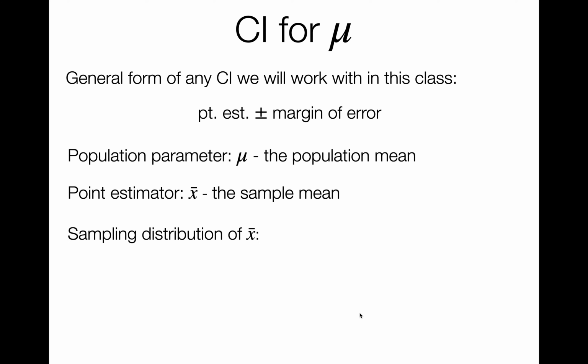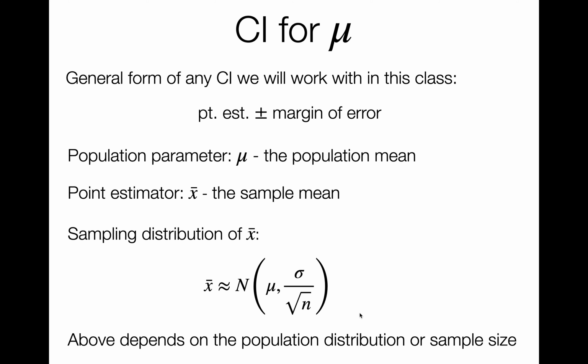So the sampling distribution of x bar, which we talked about again in Chapter 7, is this. There are some different cases, but we're not really going to worry about those cases. It's also approximately normal, just like p hat, that we discussed in the last video. It's approximately normal with a mean of mu, standard deviation of sigma divided by the square root of n.